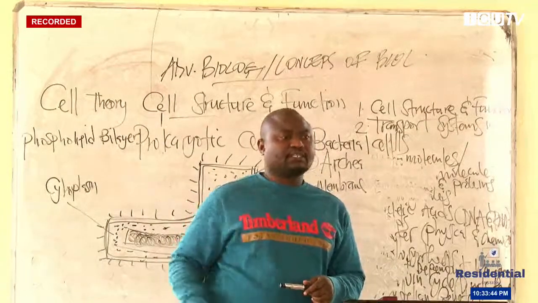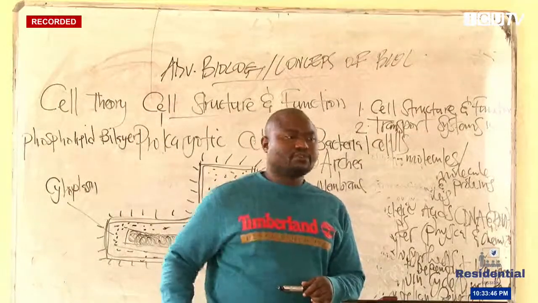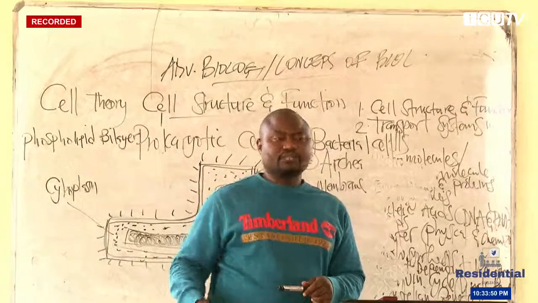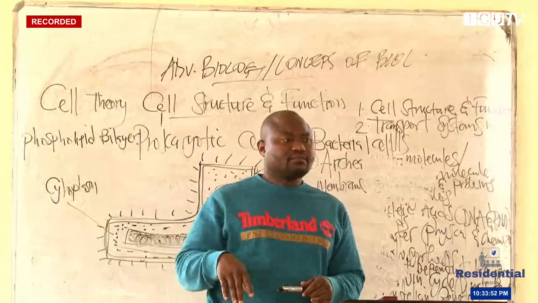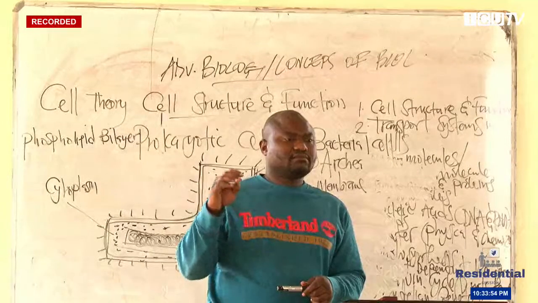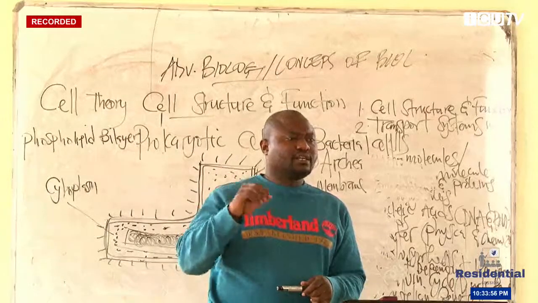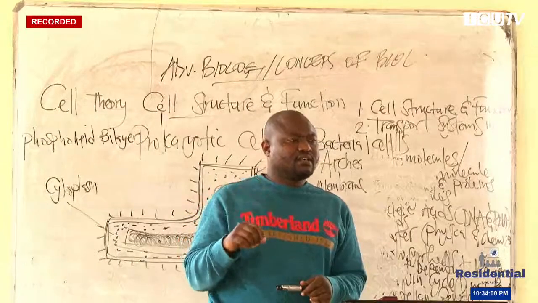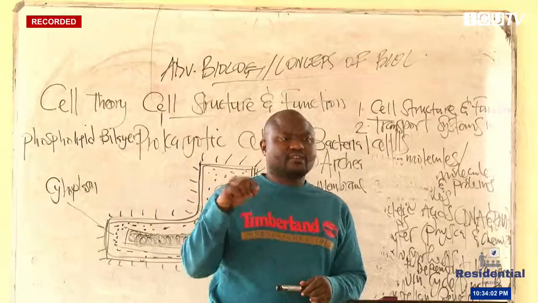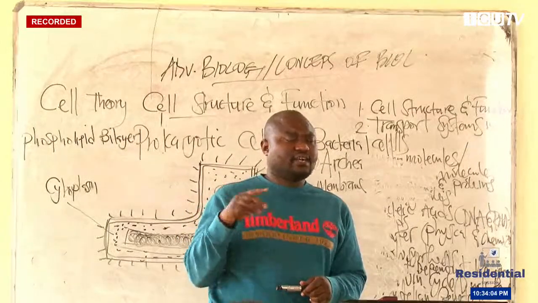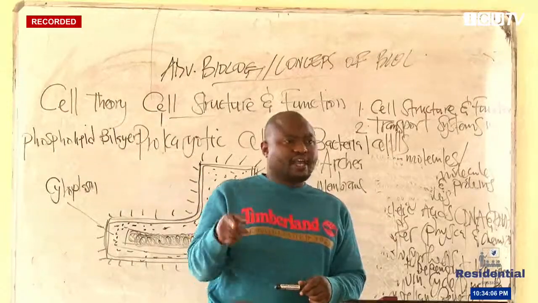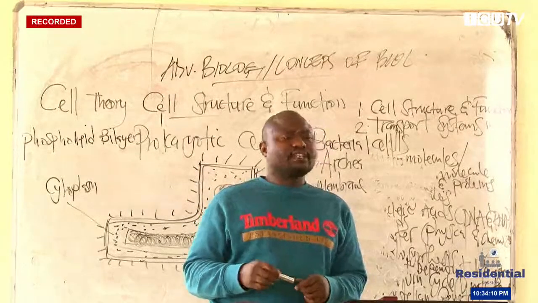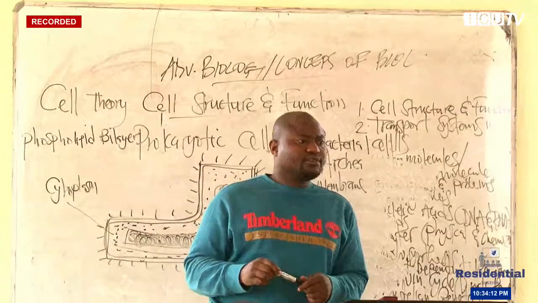Now, 20% is the semi-solid, which is composed of different types of substances. Sugars, which is carbohydrates. Under carbohydrates, you know that we have monosaccharides, oligosaccharides, disaccharides, and so on and so forth. Then we have ions that are found in the cytoplasm, like sodium, potassium, and so on and so forth.